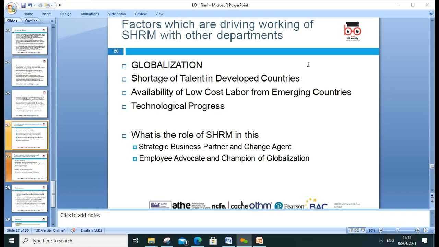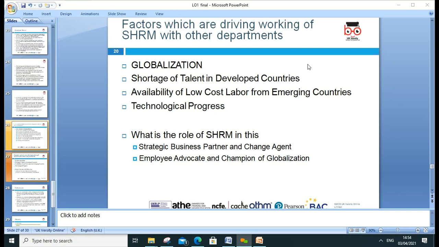So we need to look at the availability of low cost labor from emerging economies such as China, India and various other economies, technology, processes, and the strategic human resource partners, change agents, employee advocates and champions in globalization. All these, just like the Finland and Denmark policies. Yes, absolutely right.